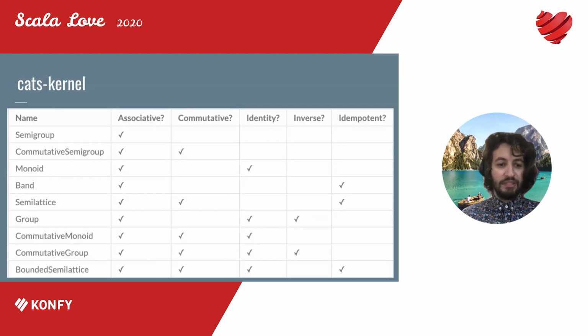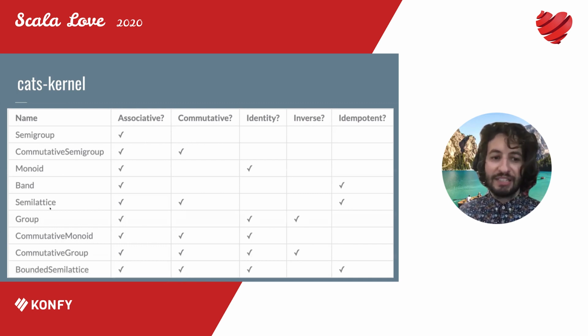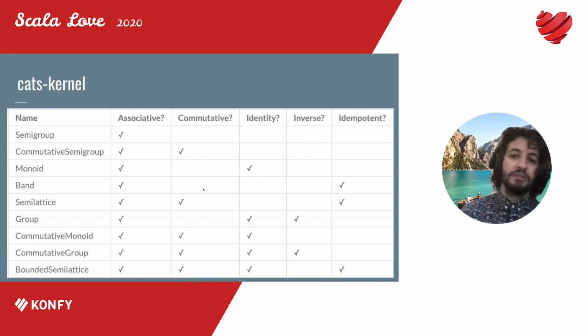So that basically gives us this chart, which we should now be able to read more or less. We've seen semigroup, we've seen commutative semigroup, monoid. Band is exactly like a semilattice, but it does not have commutativity. So band is just associative and idempotent, but doesn't have to be commutative.